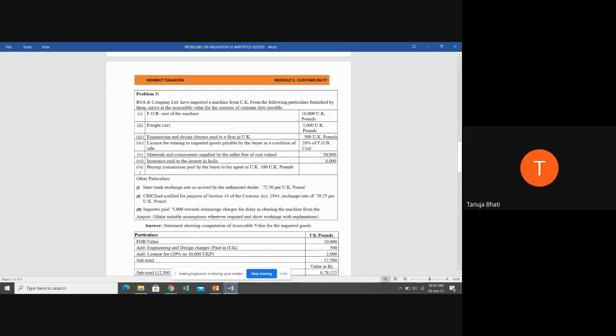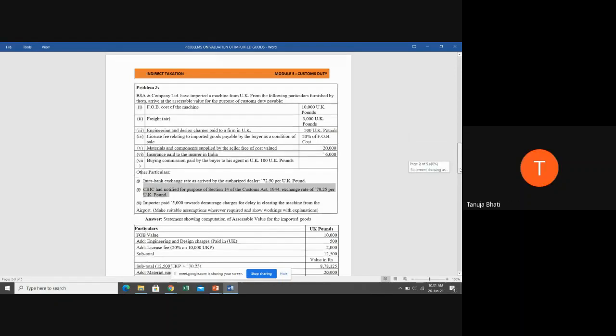Now the CBIC has notified for the purpose of section 14 of the Customs Act that the exchange rate of 70.25 per UK pound is to be considered. That is, one UK pound is 70.25 rupees. Should this be considered for the conversion of your assessable value? Yes, ma'am. Okay.